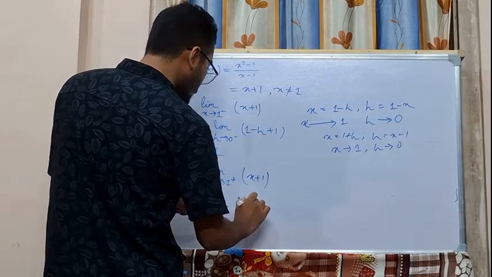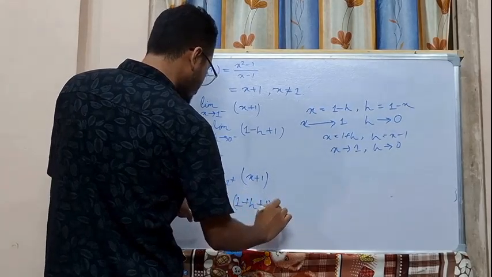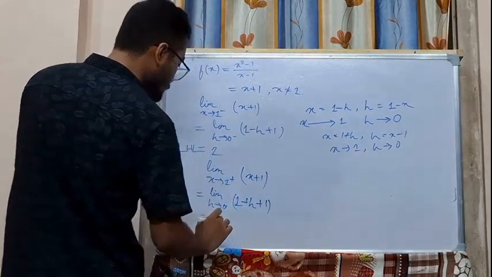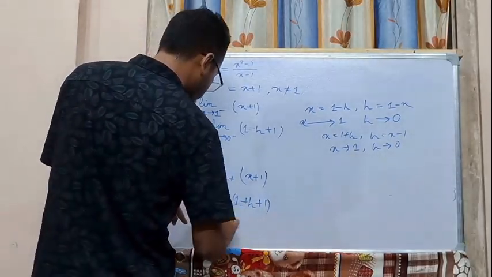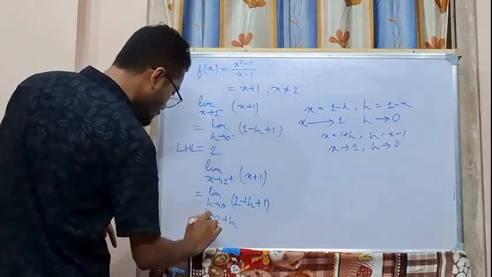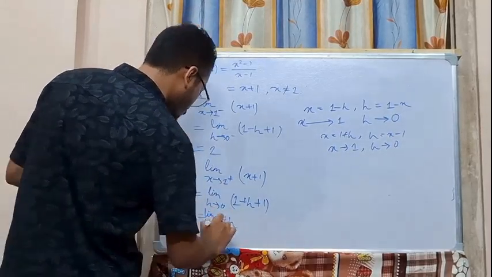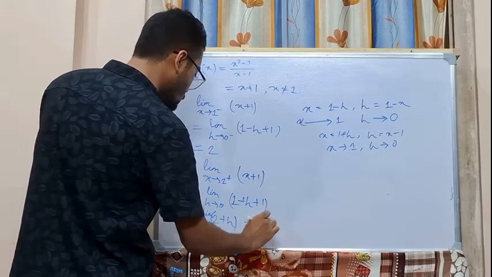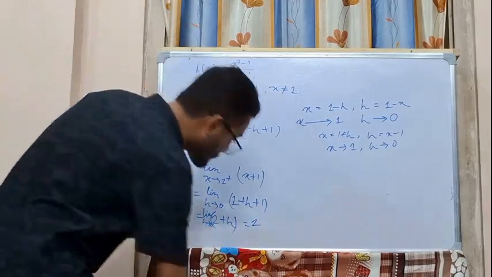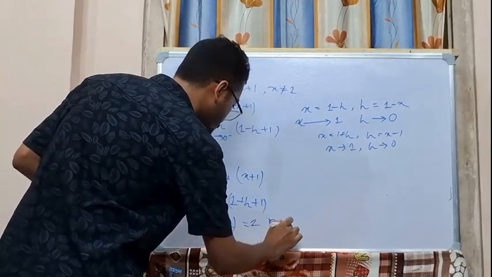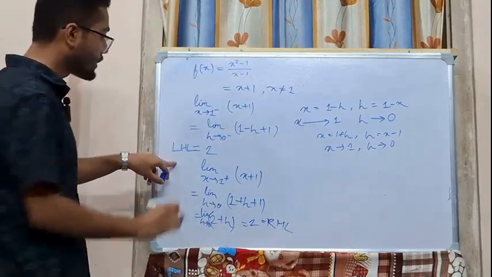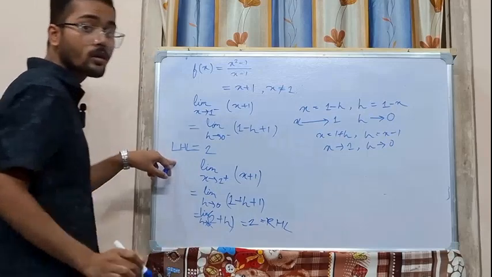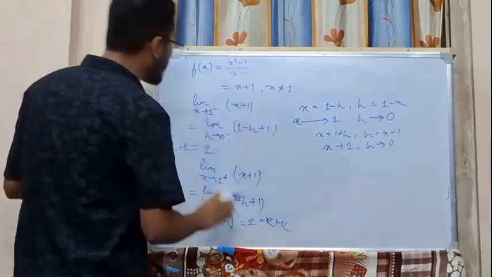This will be (1 plus h) plus 1, that means 2 plus h. When we put the value of h as 0, this will be 2. We can see the left hand limit is 2, the right hand limit is 2. Both are the same.